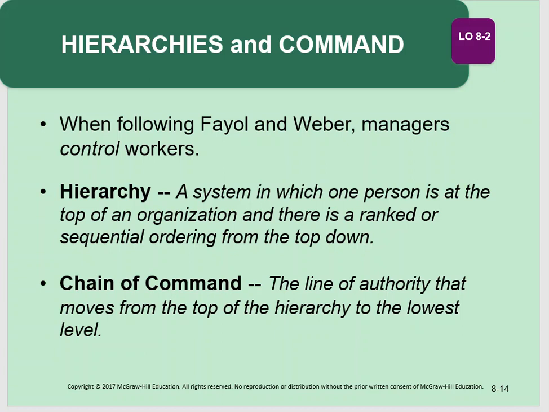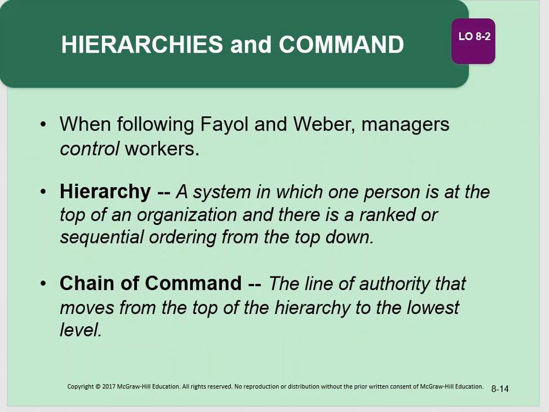A hierarchy is a system in which one person is at the top of the company, and there is a ranked, sequential order from the top down. The hierarchy can be demonstrated through the line of authority known as the chain of command, which moves from the person at the top of the hierarchy to its lowest level.